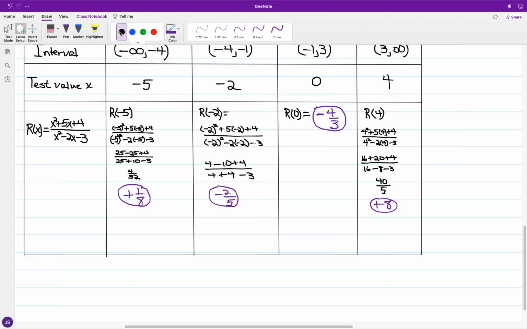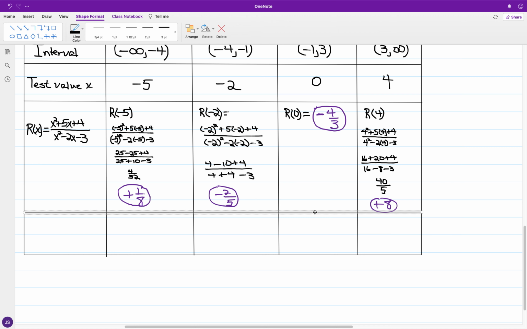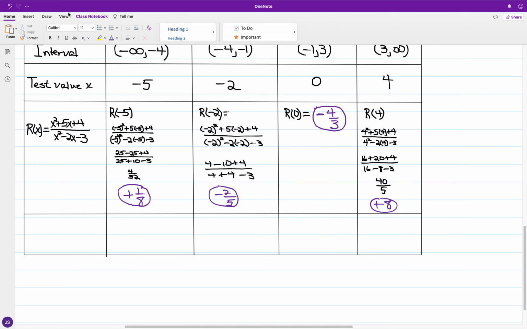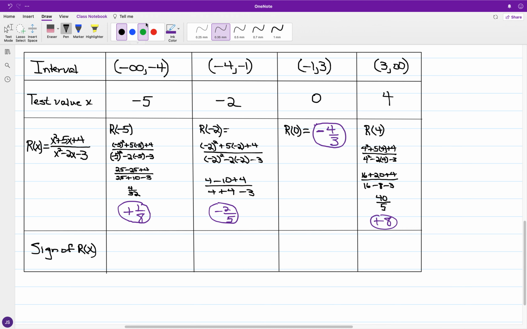Okay, and just looking at what we have for the sign value of R of x. For the sign of R of x, anything we select for the input that is less than negative 4, we're going to have a positive output.